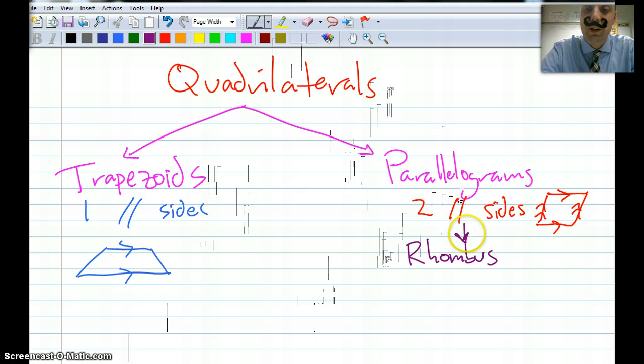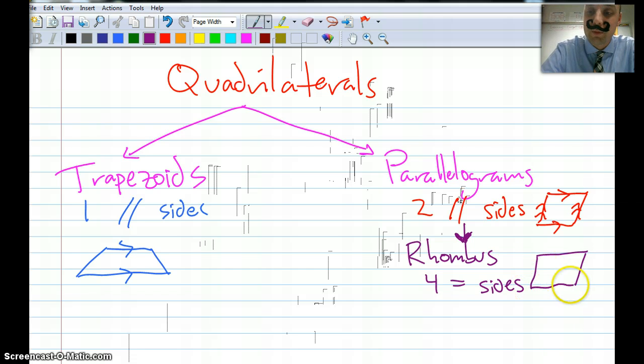So make a flowchart down from your parallelogram into rhombus. But the rhombus has 4 equal sides. So it's got tops and bottoms that are parallel, lefts and rights that are parallel, but put the little tick marks on the rhombus because all those sides are the same in order for it to be a rhombus.